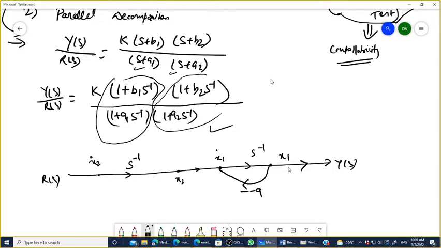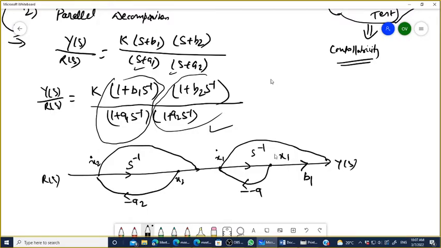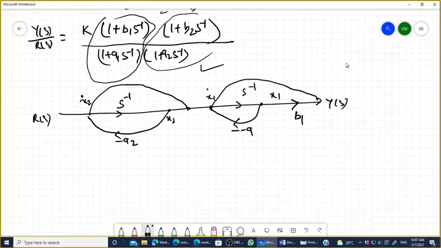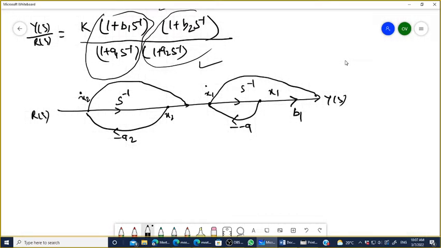Okay, and this one becomes minus a2 in this way, and x2 dot you will represent like this, so finally you will get the system representation like this. Okay, so let's take an example and it will be more clear. This is the 1, right? This is the b2.